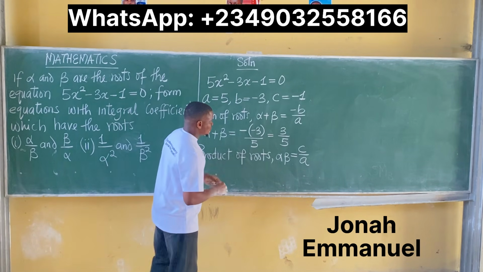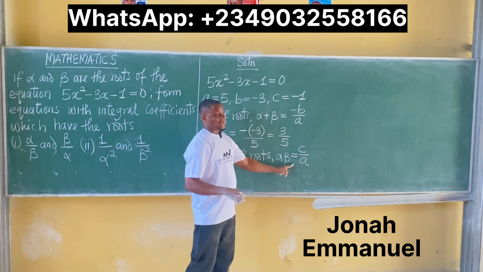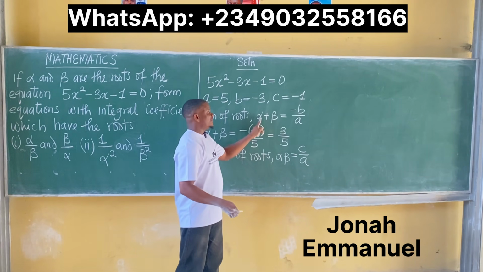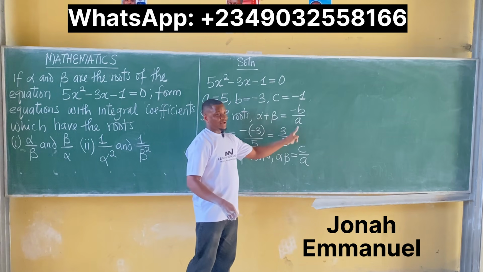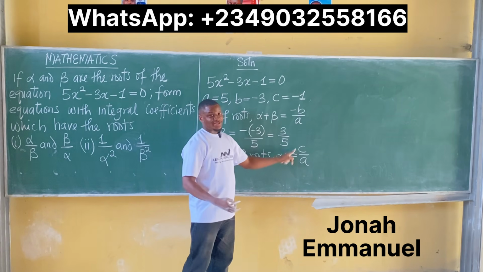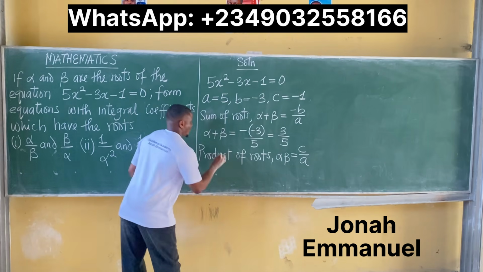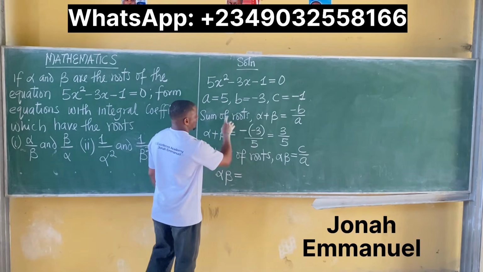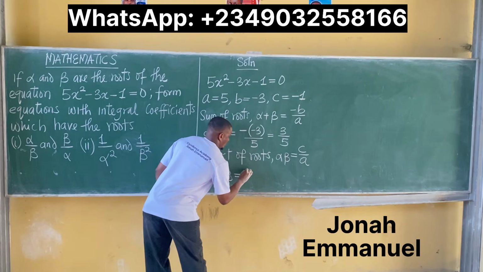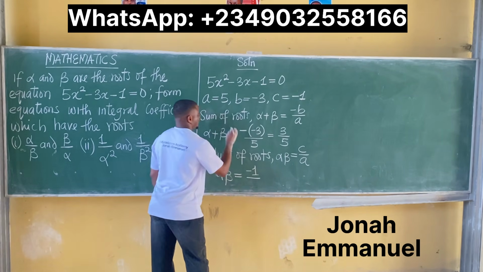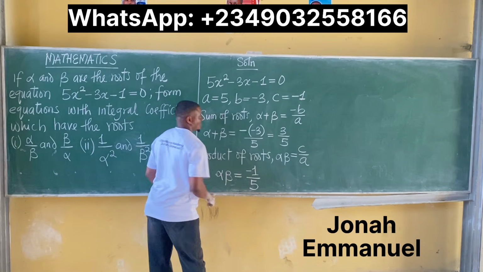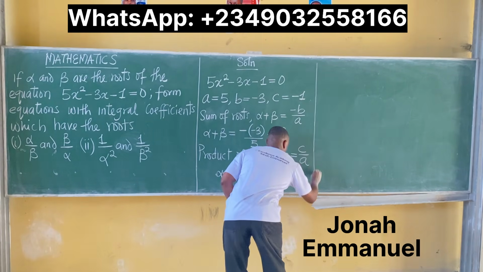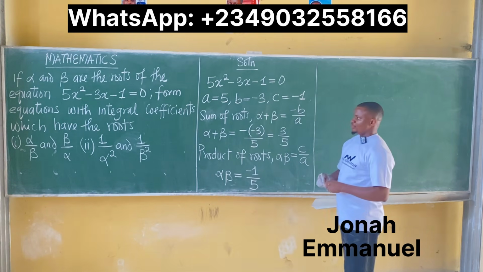Alpha plus beta is always minus b over a, then alpha beta is always c over a. So alpha beta equals c over a, c is minus 1, all over a which is 5. So I have minus 1 over 5.